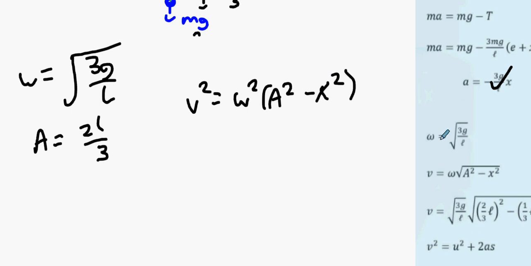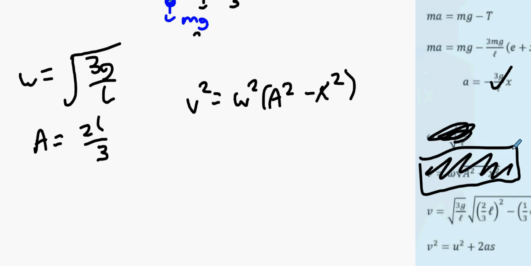You can sort of see that the marking scheme jumps a step and isn't quite as useful as it would normally be. So we will square root both sides eventually, right? Now what's the omega value? We square that, don't we? And we get 3g over L. What's our amplitude? 2L over 3 squared.